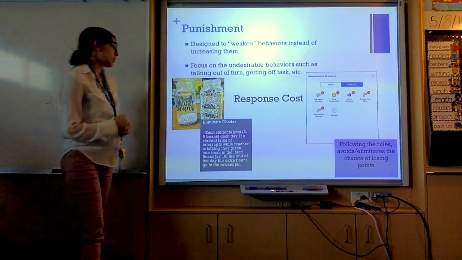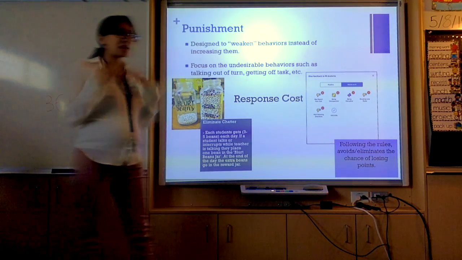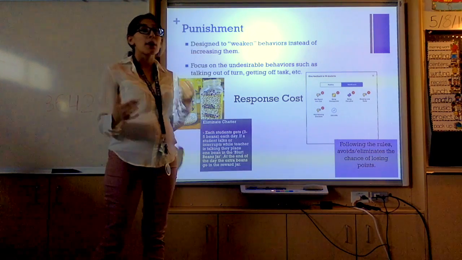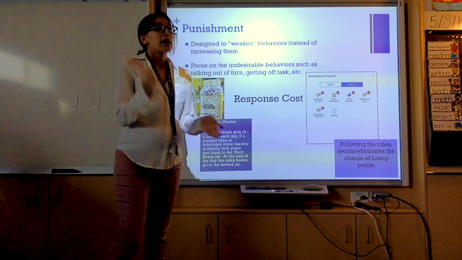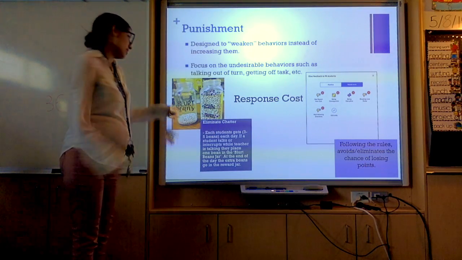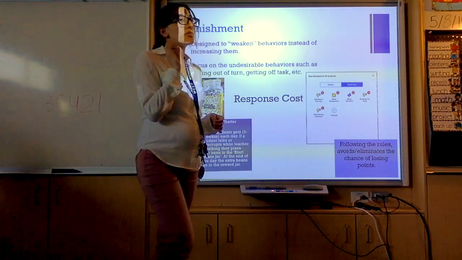So essentially what you do is each student gets 3 to 5 beans at the beginning of the day. If a student talks or interrupts while the teacher is talking, they have to take one of their beans and place it in the blurt beans jar. Now this gives students a cost whenever they blurt.